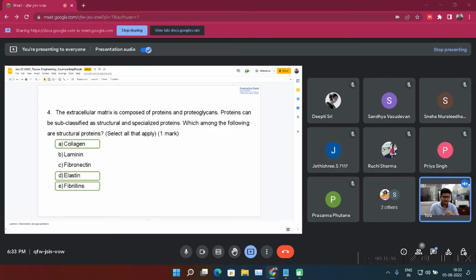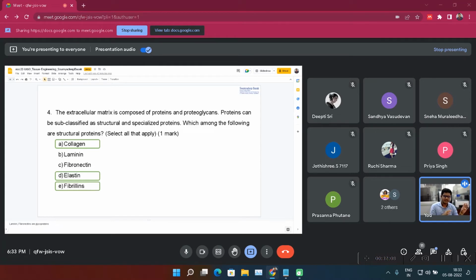And proteoglycans? Yeah. So glycoproteins make up the cellular membrane. They are present on the cellular membrane. So what would be the structural difference between the proteoglycan and glycoprotein?